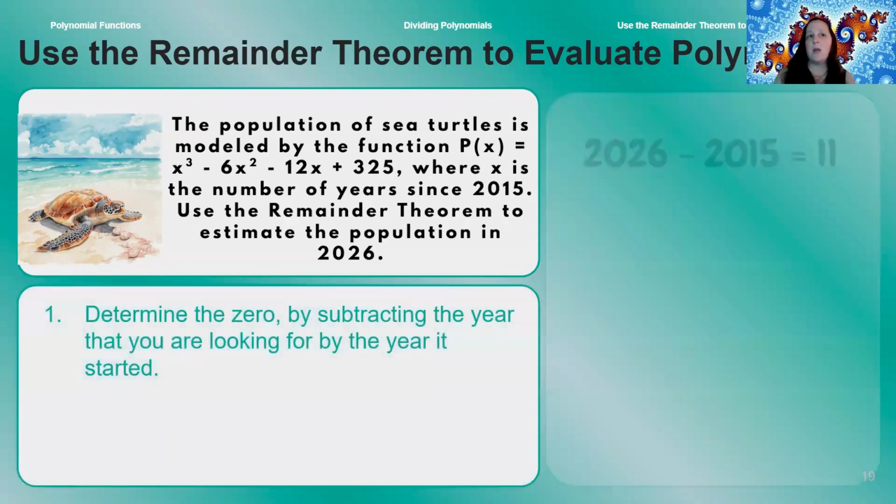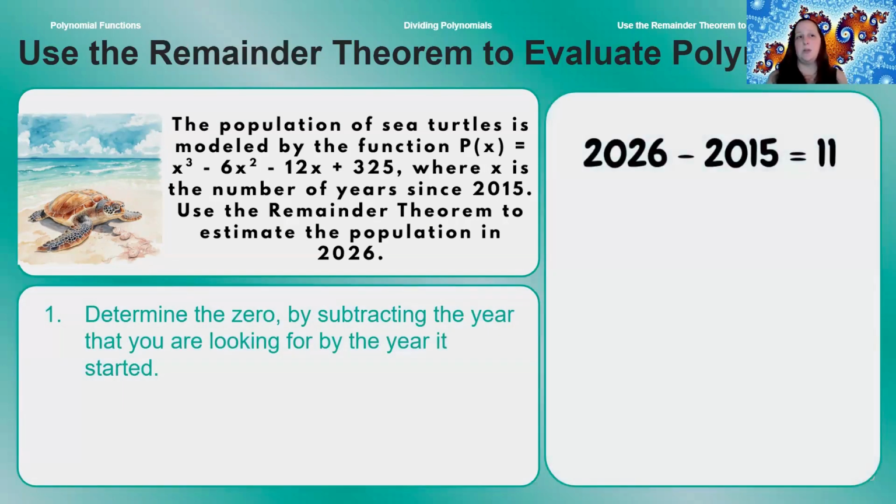So the first thing I want to do is determine the 0 by subtracting the year that I'm looking for by the year it started. In this case, I'm looking for year 2026. This graph started in 2015. So 2026 minus 2015 is 11. So I'm looking at 11 years since I started using this function. What would the estimated population be?